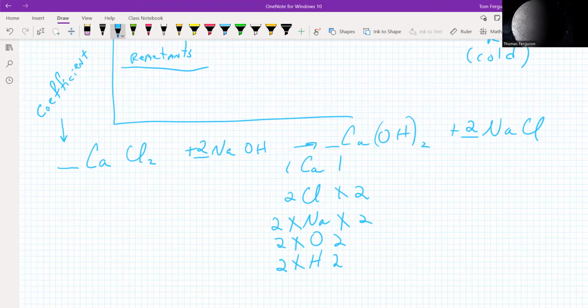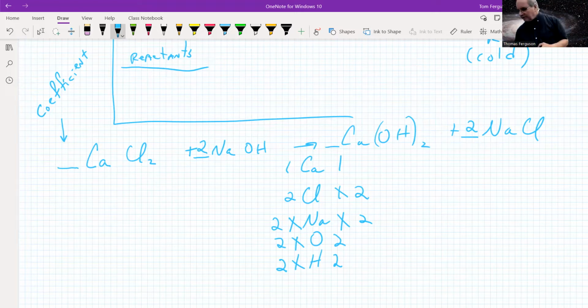So how are we doing? It's now balanced. So if I asked you to show me that the equation is balanced, this is what you do. You do an inventory of the reactant side and the product side. And again, I want to reiterate, very important, the only numbers you can change are the coefficients out in front.